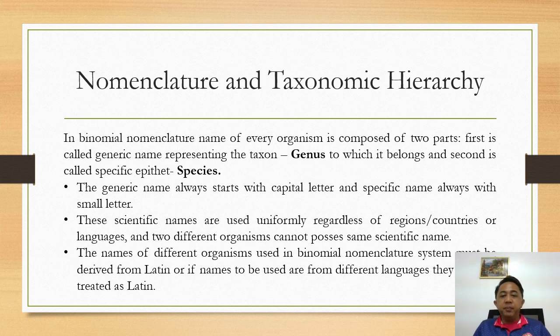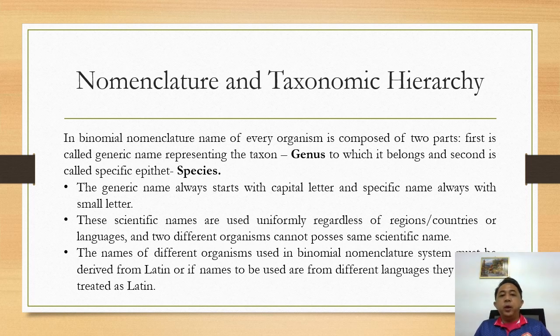Always remember that the genus is always written in a capital letter, and then the specific name will always be written in a small letter. Okay. Now, using the scientific name is universal, meaning it is used in different regions or countries. Okay.